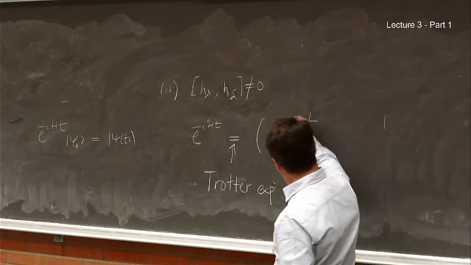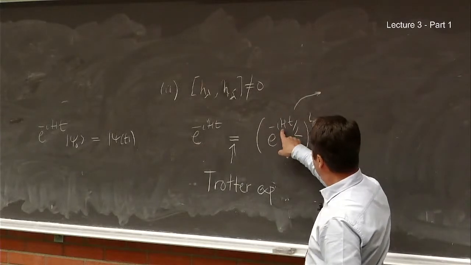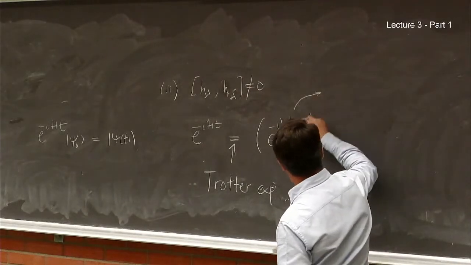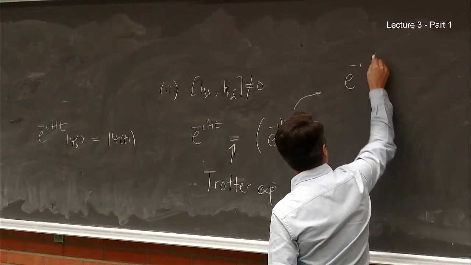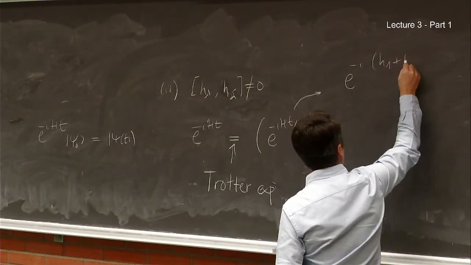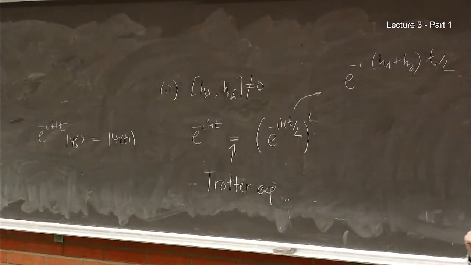And now, if we take each of these terms, say I have e to the minus i (h1 plus h2) times t divided by L, where h1 and h2 don't commute.